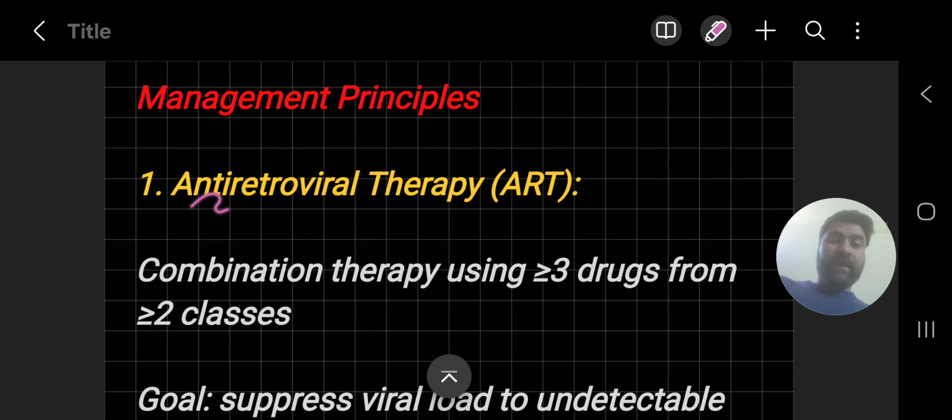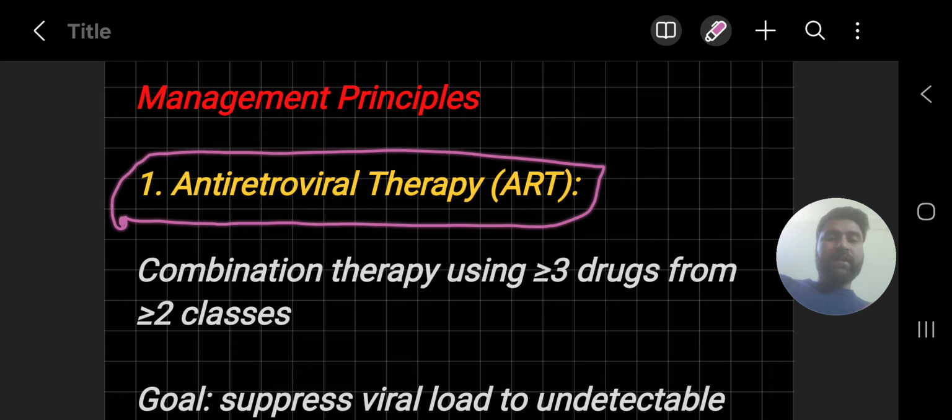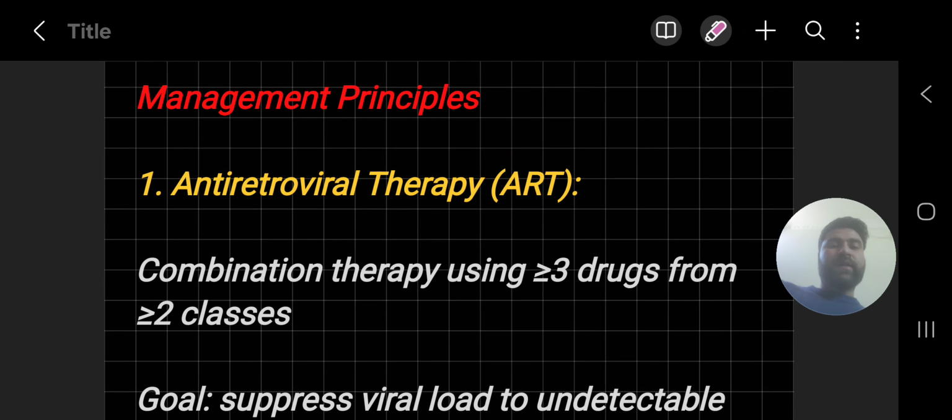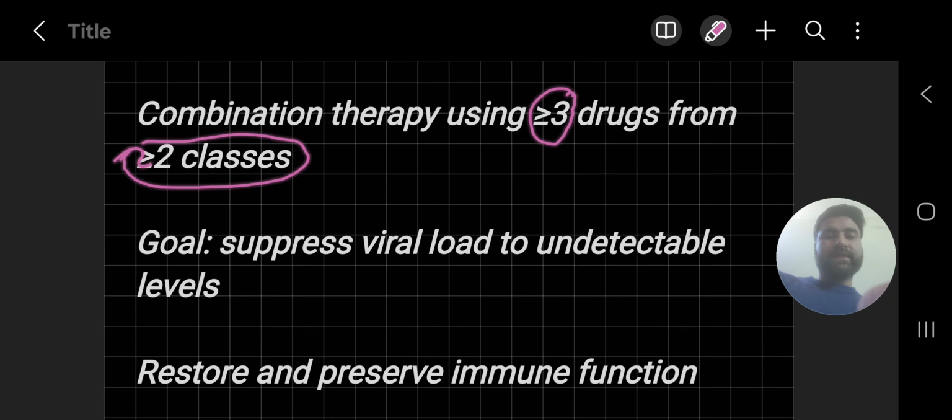Management principles. For management, whatever the stage or phase of the HIV, you have to start antiretroviral therapy. You have to give combination therapy of three or more drugs from two or more classes.